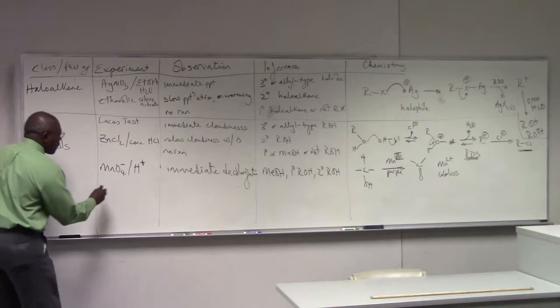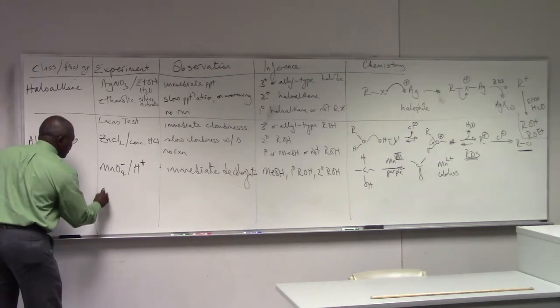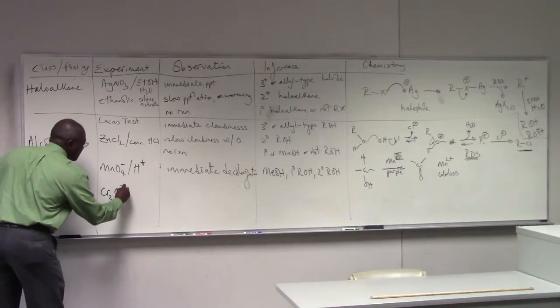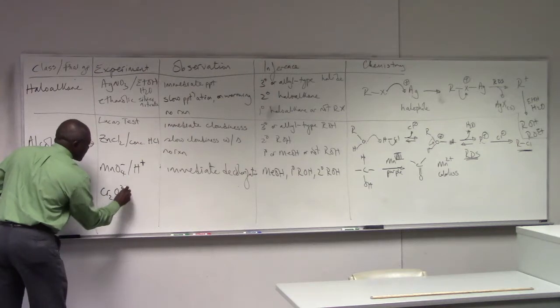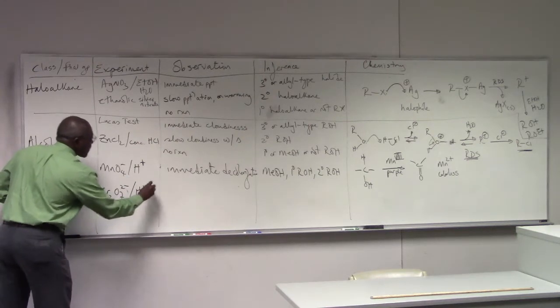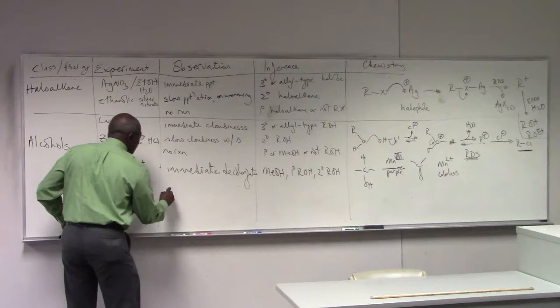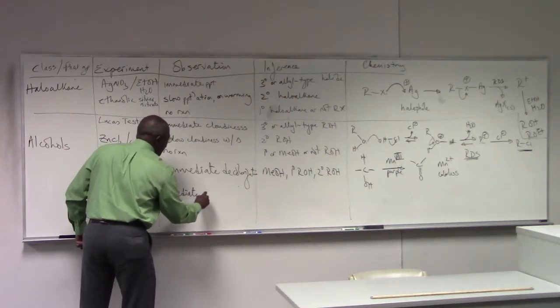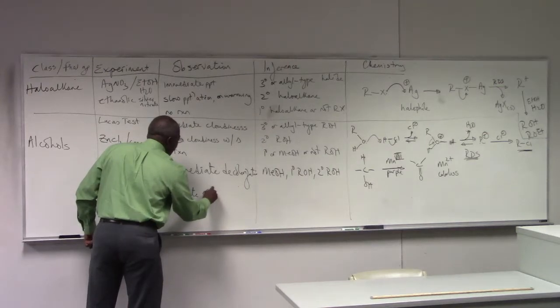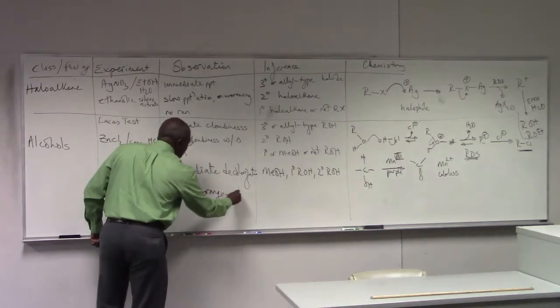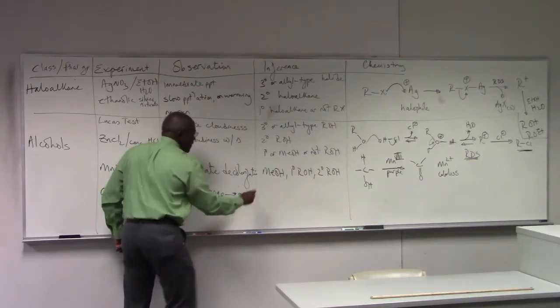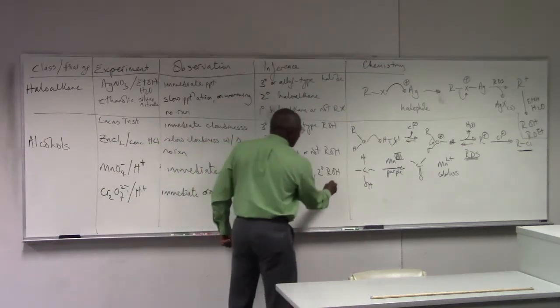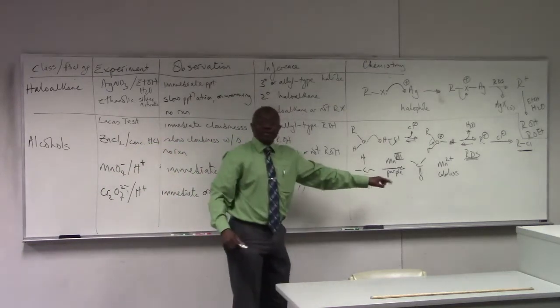Or I can use Jones, and the Jones reagent is dichromate in acid. And if I see it goes immediately from orange to green, then it's either methanol, a primary alcohol, or a secondary alcohol for exactly the same reasons.